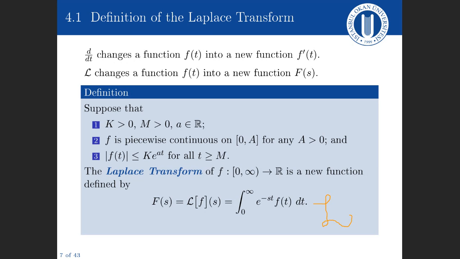Just make sure that your curly L doesn't look like your ordinary L's. And the definition tells us that this new function exists for s greater than a, where a comes from this bound which says the function doesn't get too big.